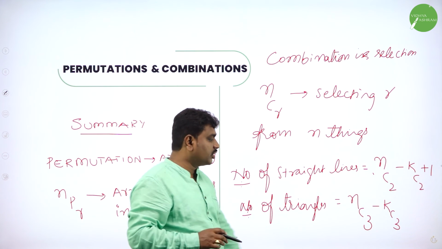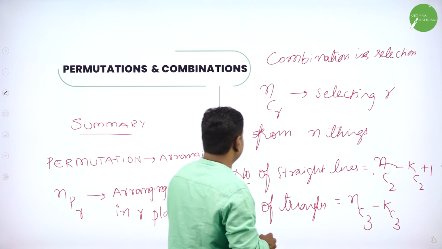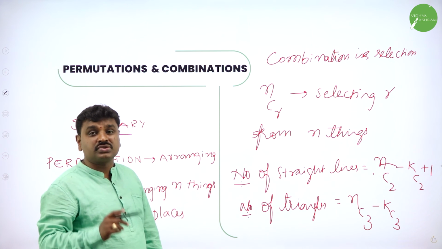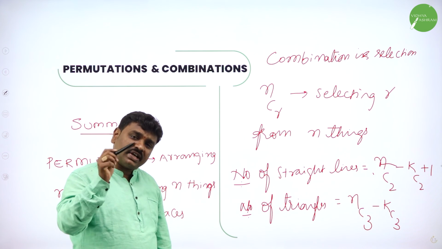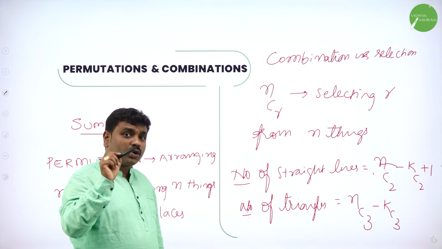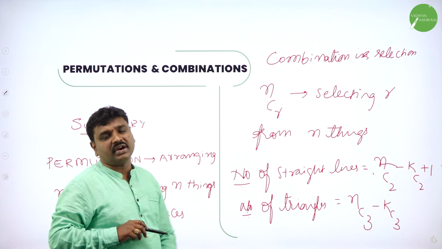If they don't give collinear points, don't take this part. Here also don't take this whole part. Then the number of straight lines using non-collinear points is nC2. The number of triangles using non-collinear points is nC3. But if they give k collinear points, you should remove that kC2 and kC3, and for lines you should add 1.